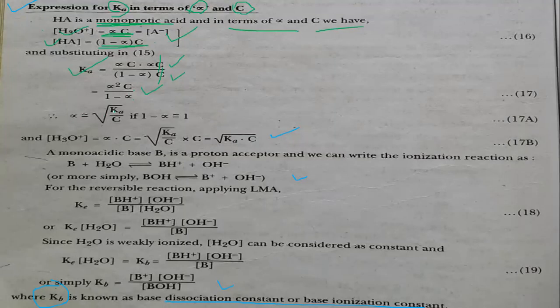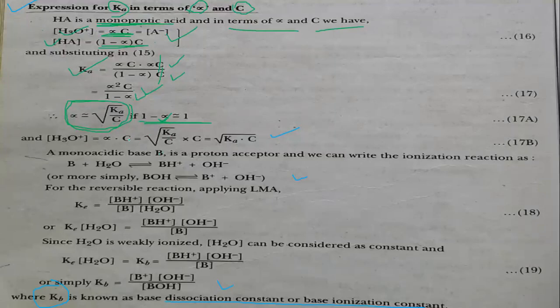So alpha is equal to the square root of K upon C, if 1 minus alpha is taken as 1. Since alpha is negligible for weak acids, or for weak electrolytes, the alpha subtracted in 1 minus alpha is very small.